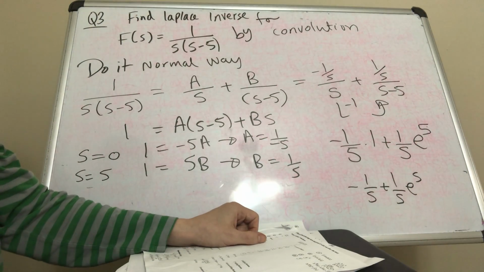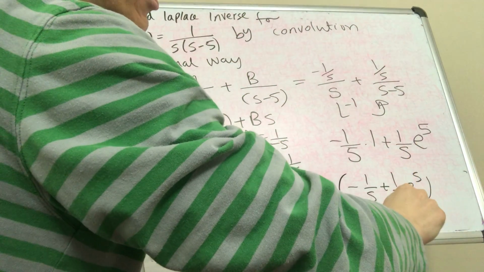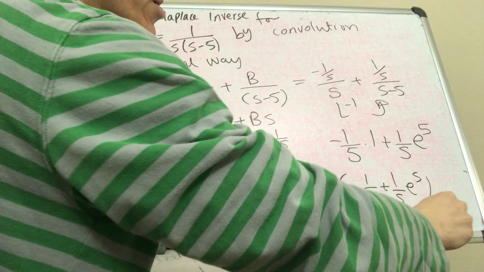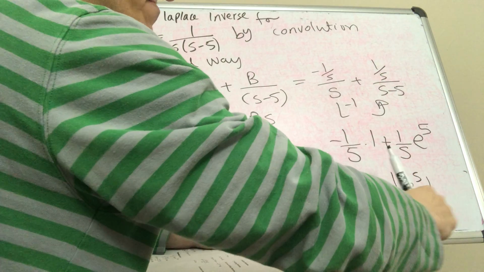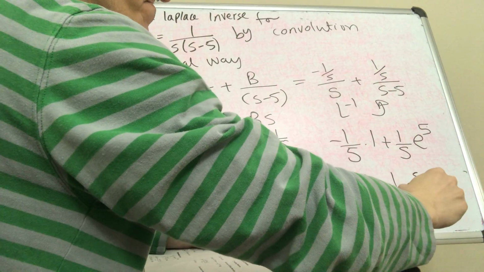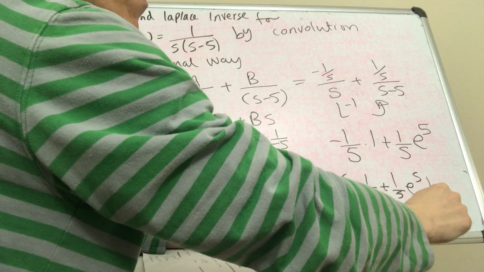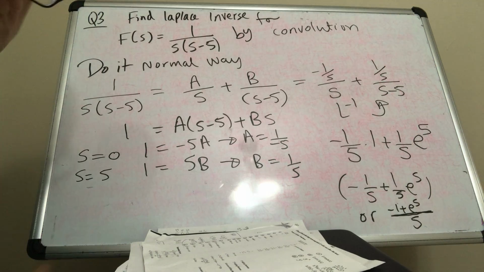That's the final answer. Or since they share the same denominator, you can write 1 over 5 times negative 1 plus e to the 5t. Either way, you're good. But that's if you do it the normal way.